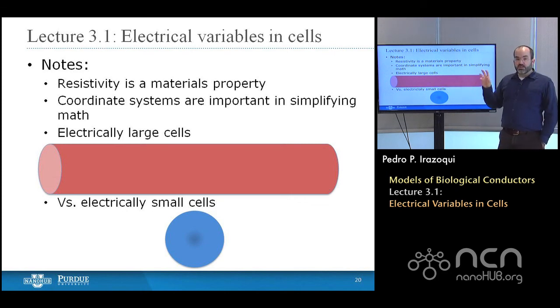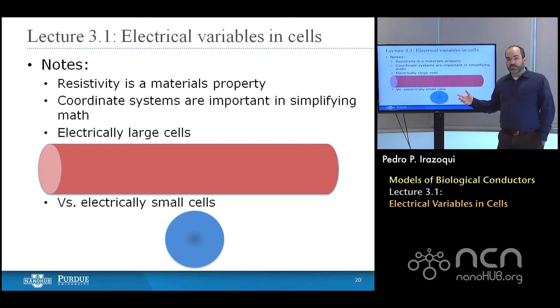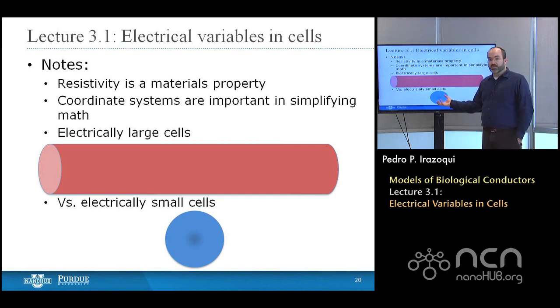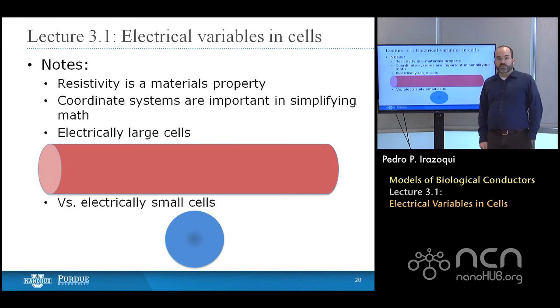Neurons, which is the type of cell that we're going to be looking at throughout this course, are classified as electrically large cells. Other cells, which in some cases include very small neurons, or signals, say, traveling from one point of the soma to the other, behave a lot more like electrically small cells, where if you know the voltage at a particular point along the cell, you know the voltage at every point throughout the cell. So that's a key distinction, but we're going to focus primarily on electrically large cells.